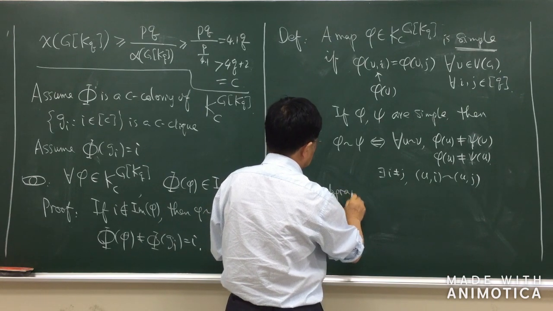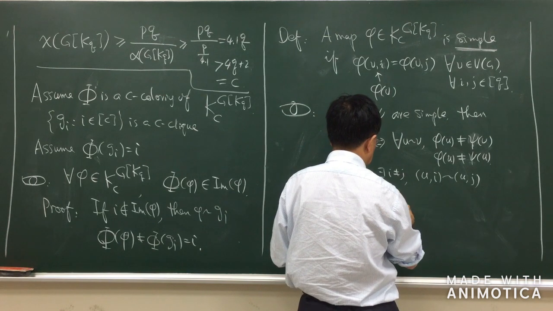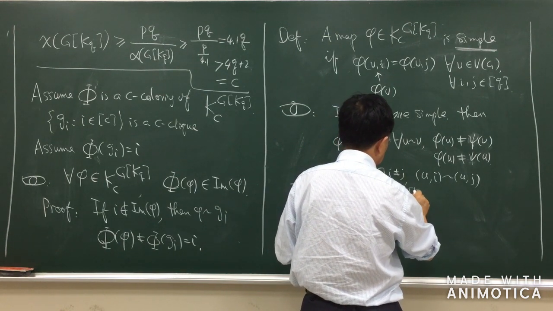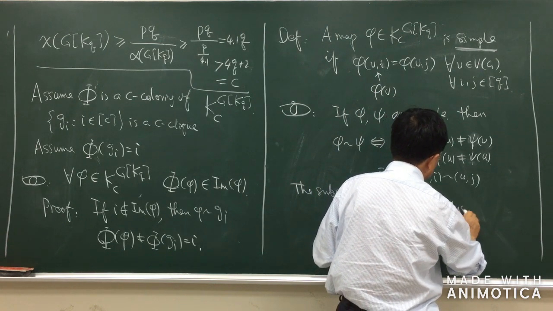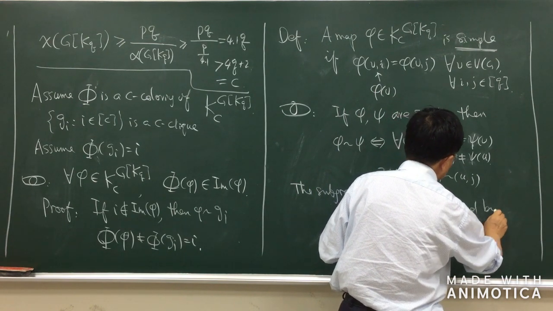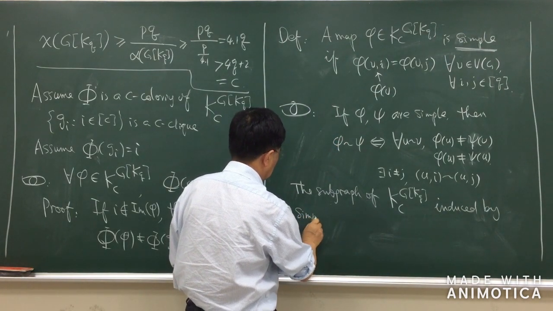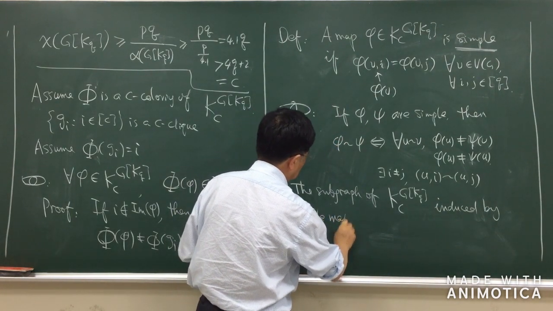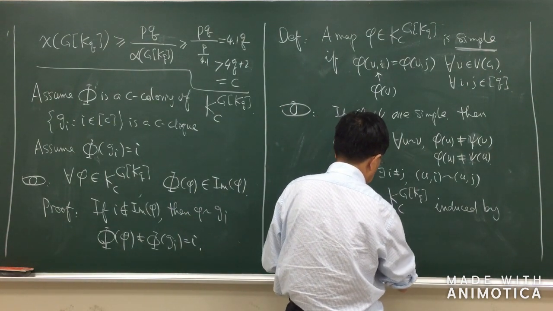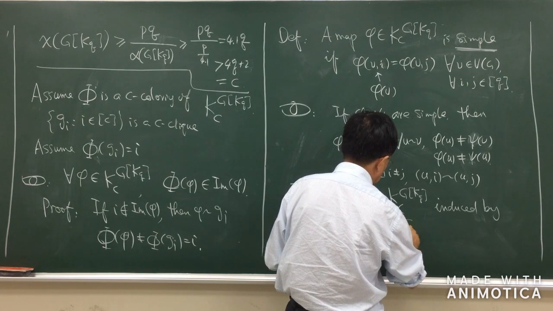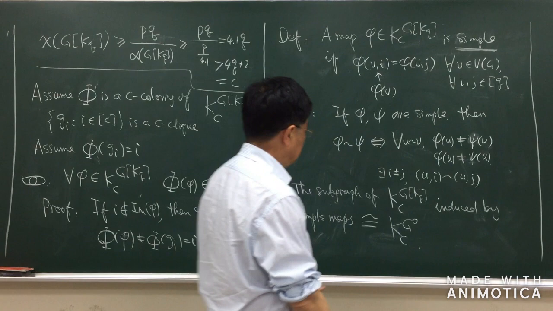So this means that the subgraph of K_C(G, K_Q) induced by simple maps is isomorphic to the graph K_C(G_0), and G_0 is just G with a loop added to each vertex.